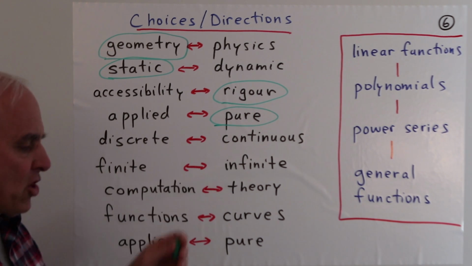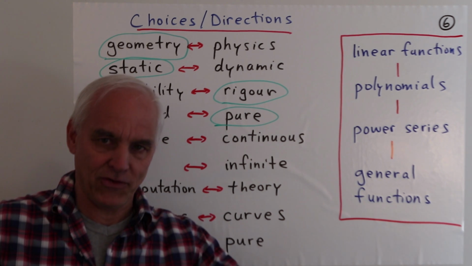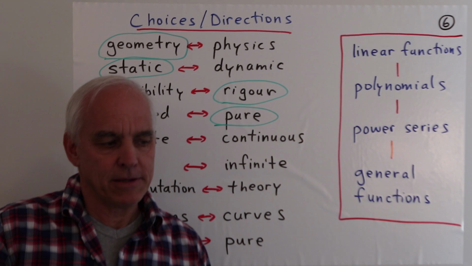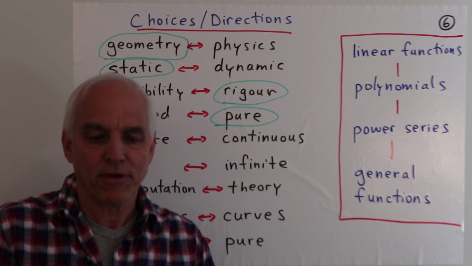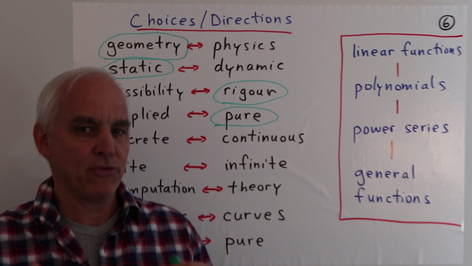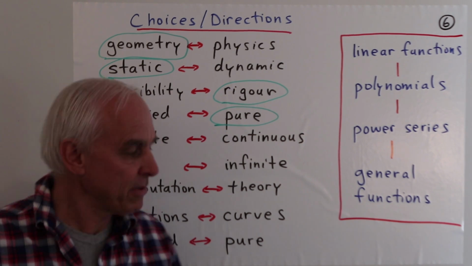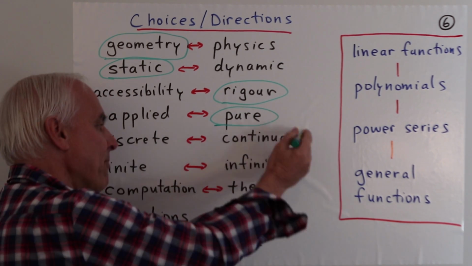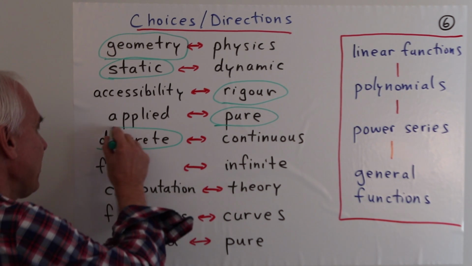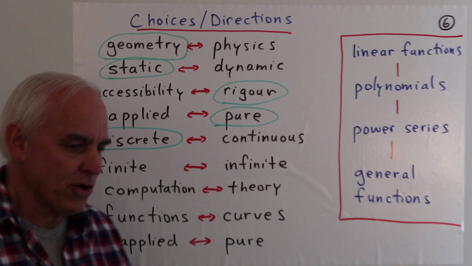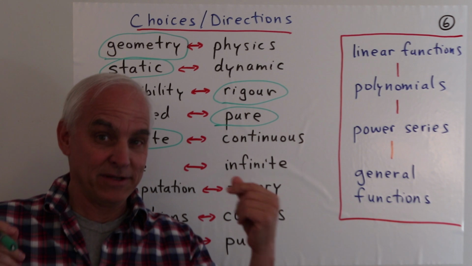Here's another interesting dichotomy which pulls in different directions, the discrete versus the continuous. It's probably very common for people to think that calculus is all about the continuous and other subjects are about the discrete. You may be a little bit surprised that I, of course, am very interested in the continuous, but I'm going to actually circle the discrete here just to flag the idea that we are going to try to find ways of finessing the difficulty with the continuum.